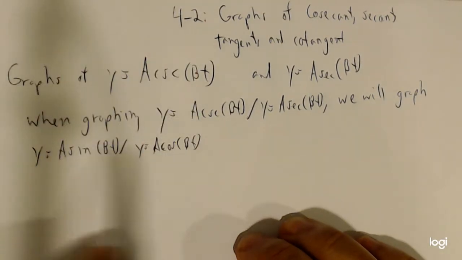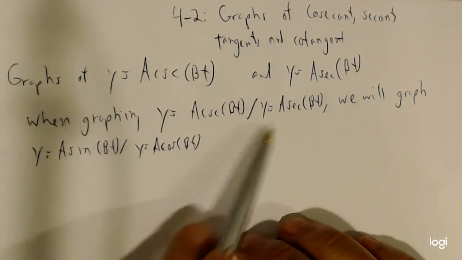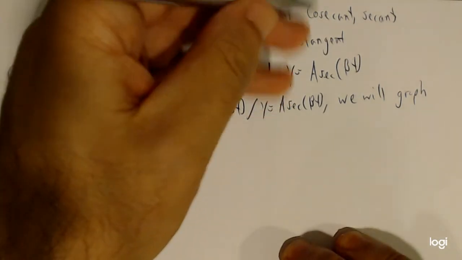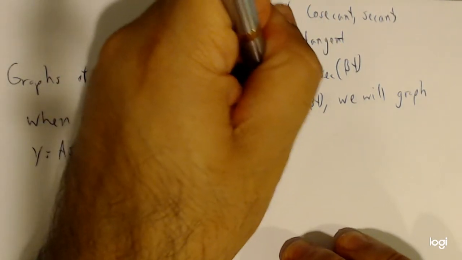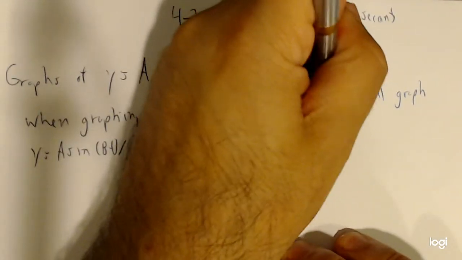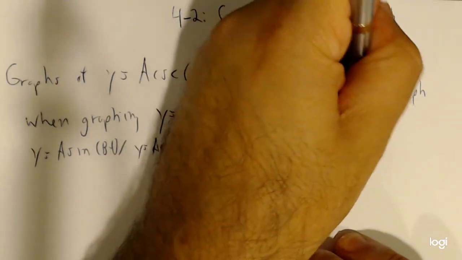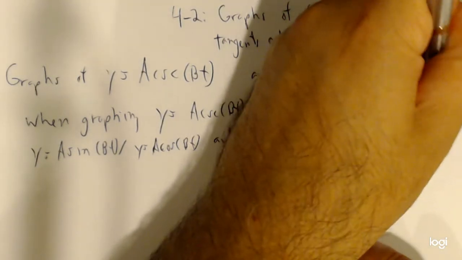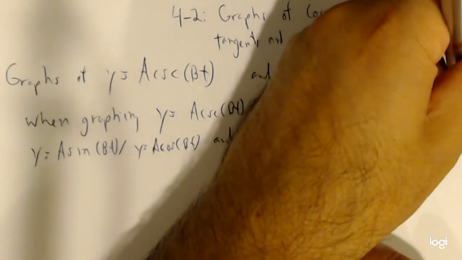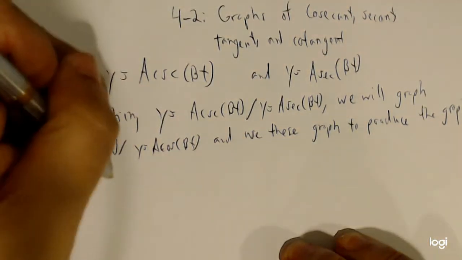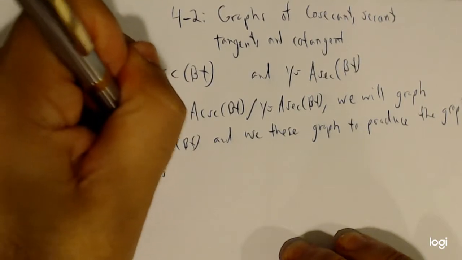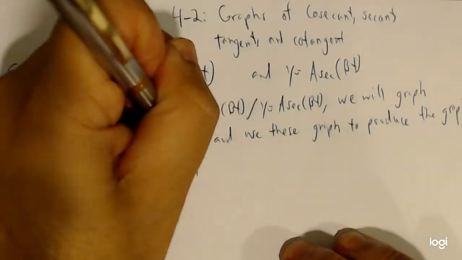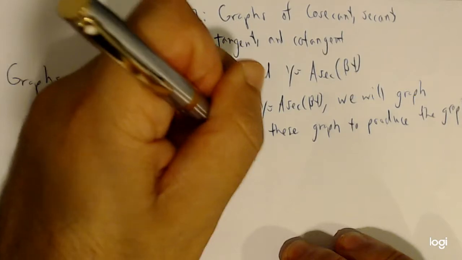For cosecant we'll graph sine, for secant we'll graph cosine, and use these graphs to produce the graph of y equals a cosecant of bt, or y equals a secant of bt.